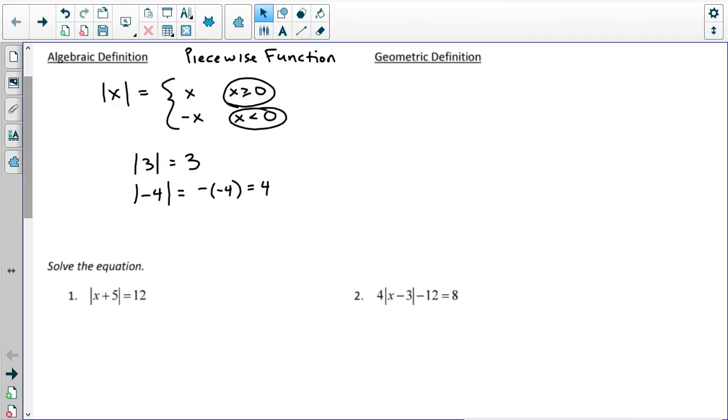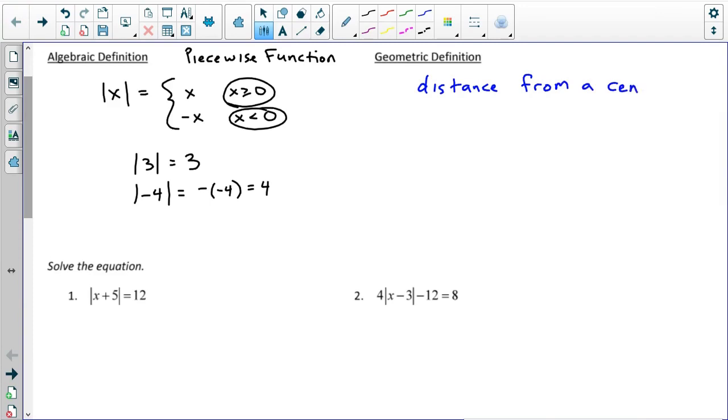The geometric definition is what we're going to spend more time actually thinking about. So the geometric definition of absolute value is distance from a center, or distance from the middle of something.